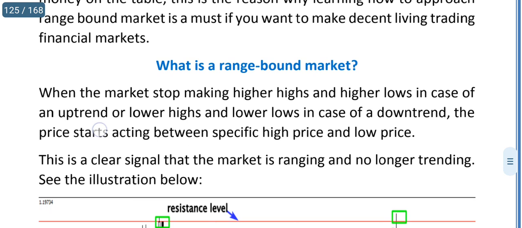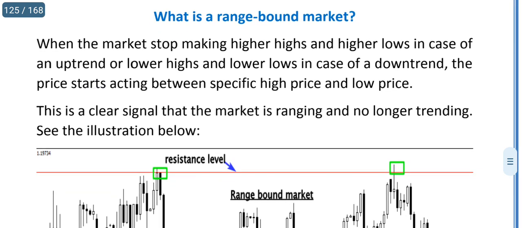Of course, we all know the meaning of a ranging bound market, or sideways market, at this point.